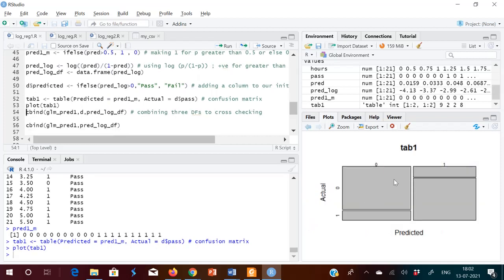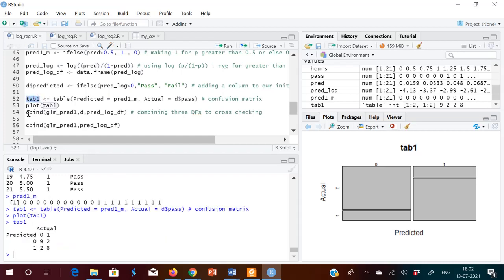This is the plot. We can just see tab. This is a confusion matrix: 0 and 0, where actually it was 0 and we predicted 0. That is 9. That's big. And only 2 items were actually 0 but we predicted as pass. That is small.